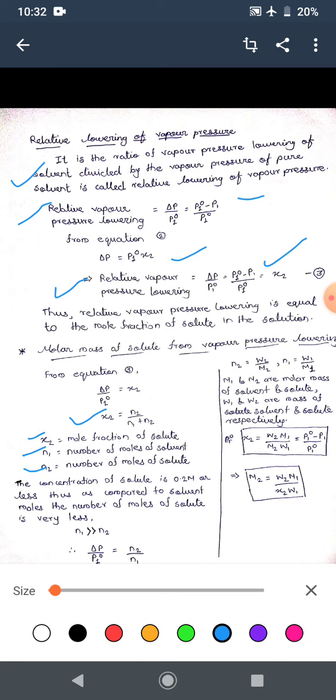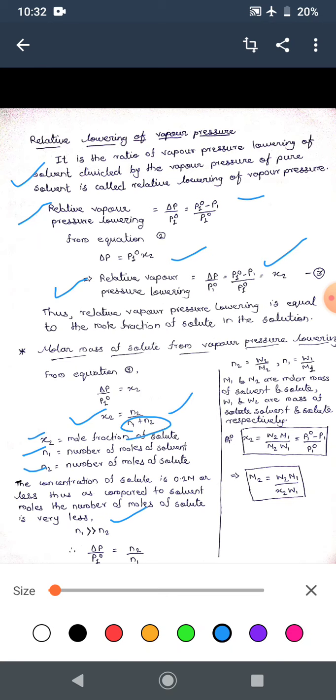So, in the addition of N1 plus N2, the value of N1 will be very high as compared to N2. That is why N1 will be too high than N2.